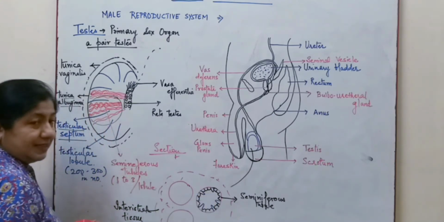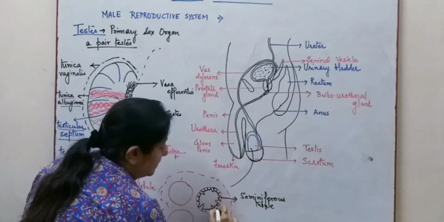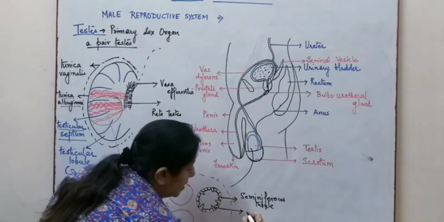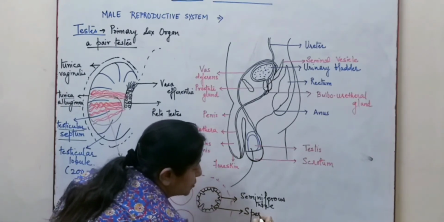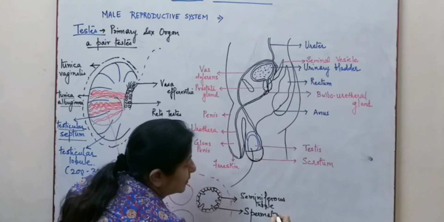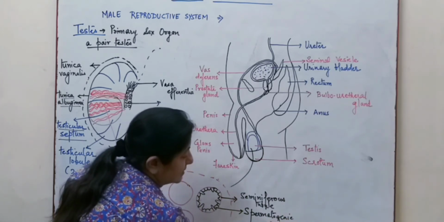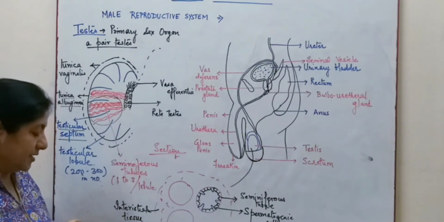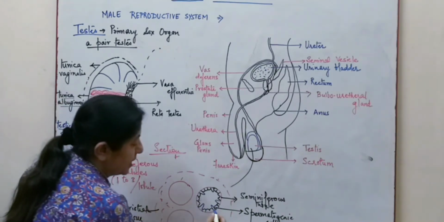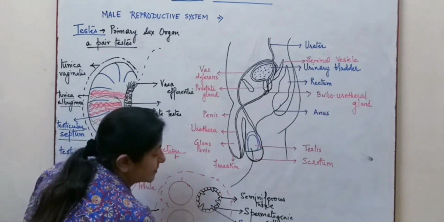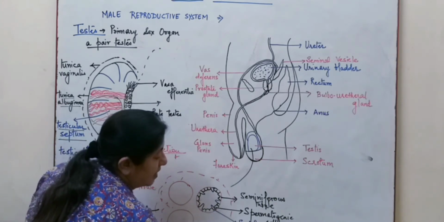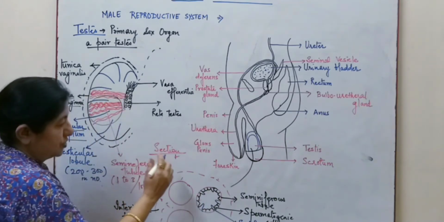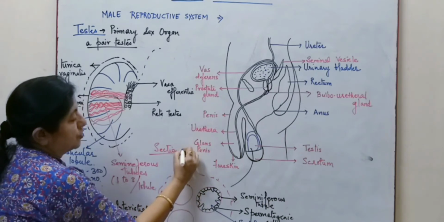These cuboidal cells are the site for the production of sperms, so these are known as spermatogenic cells. The other triangular cells are known as Sertoli cells.